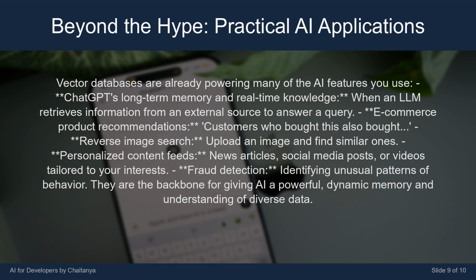Reverse image search: upload an image and find similar ones. Personalized content feeds: news articles, social media posts, or videos tailored to your interests. Fraud detection: identifying unusual patterns of behavior. They are the backbone for giving AI a powerful, dynamic memory and understanding of diverse data.